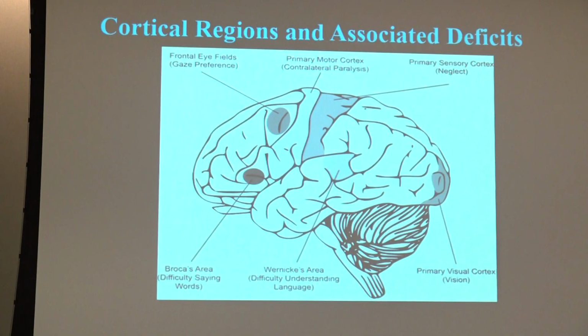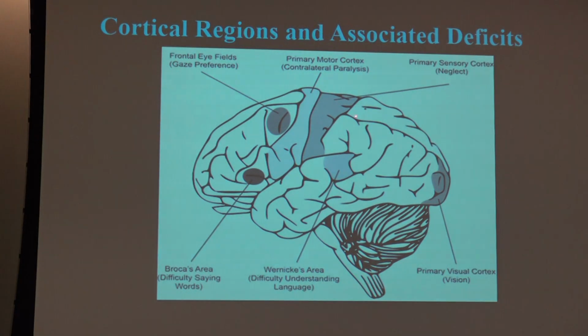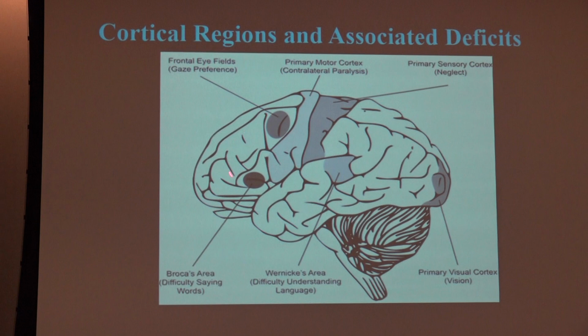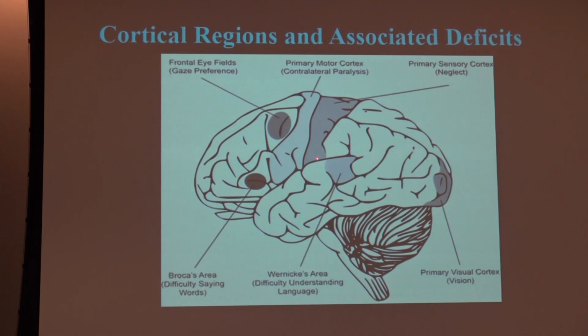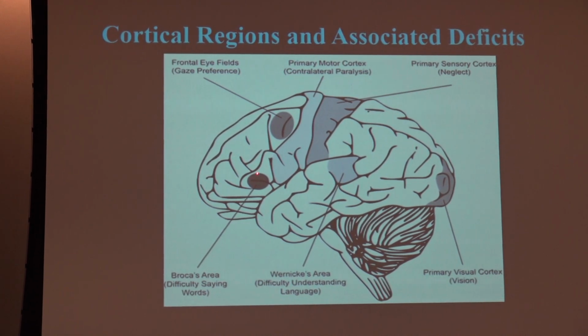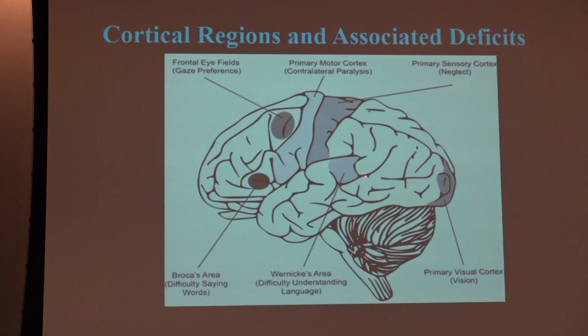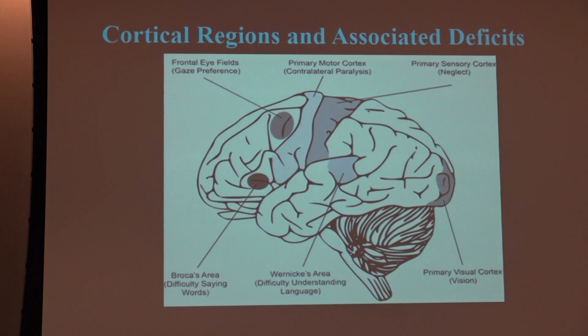And what are we looking at when we're assessing a patient for MANGO? All we're looking at is these different cortical distributions in the brain. And as I said earlier, to be MANGO positive, all you need is motor weakness plus one of these other cortical distributions, whether it's gaze preference, aphasia, neglect, or a visual field cut.